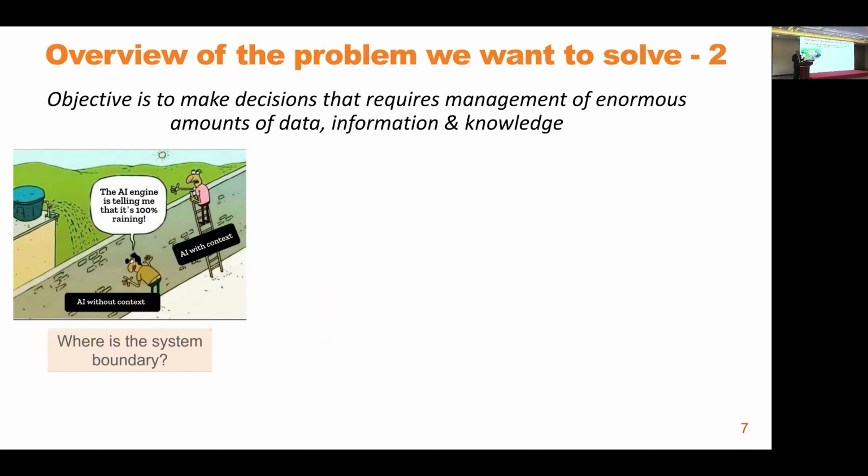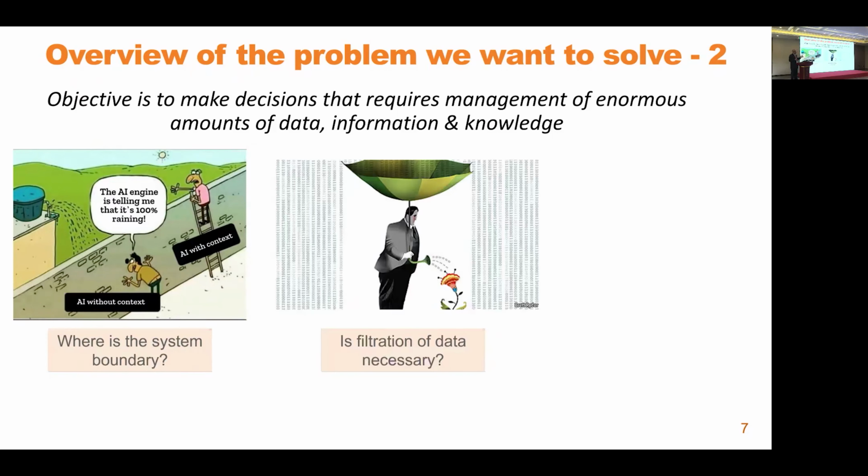Depending on the system boundary, we can solve the right problem or the wrong problem, or go to the wrong conclusions. We have a lot of data, and for me, it's not a question of whether we have enough data. My question is, do we have consistent data that I can use? So maybe we need a filtration of the data to solve the problems.